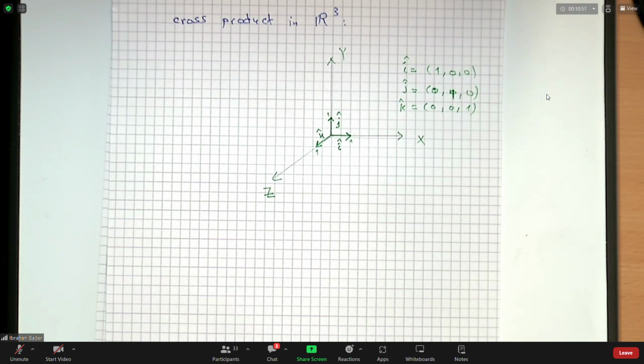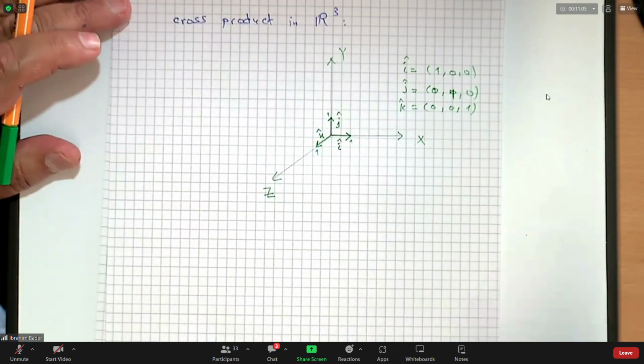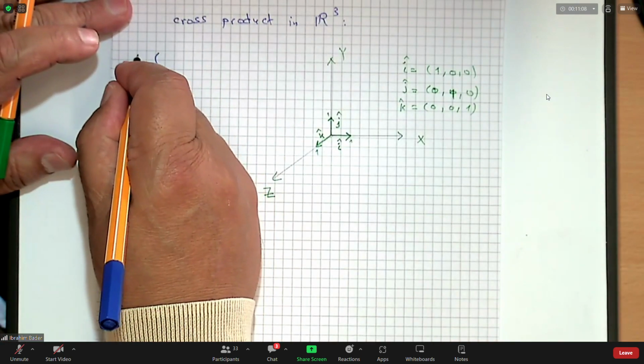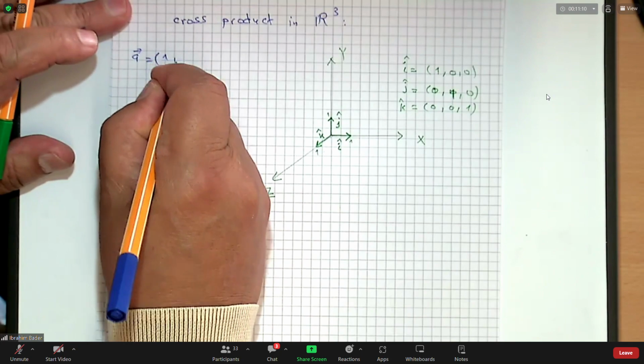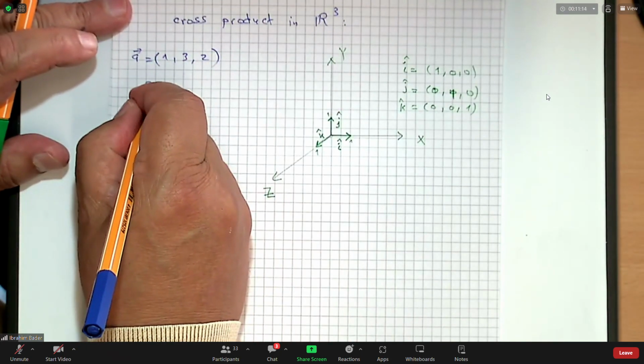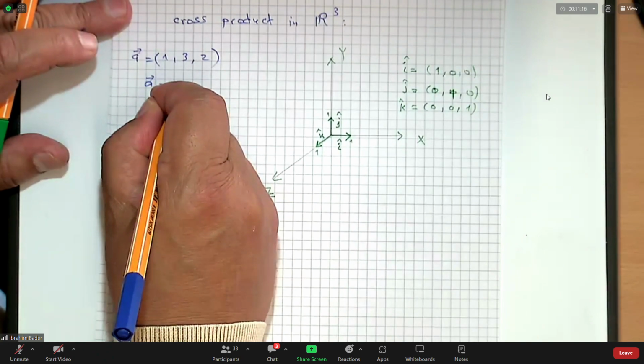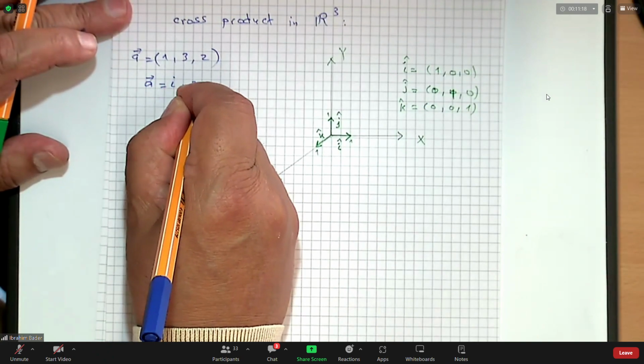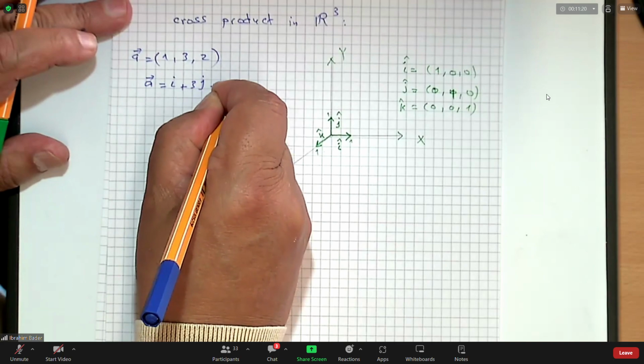Is it difficult for anyone using this notation? For instance, if I have the vector A equals 1, 3, 2, then in this notation A is equal to I plus 3J plus 2K.